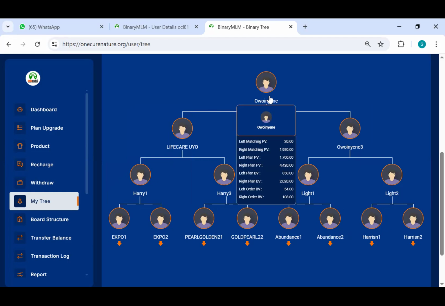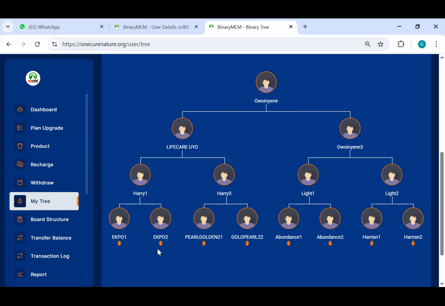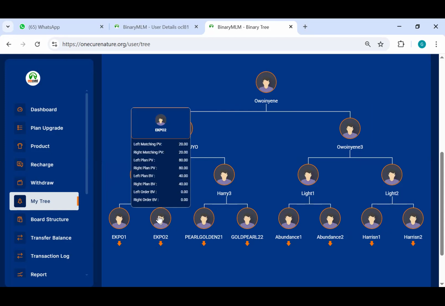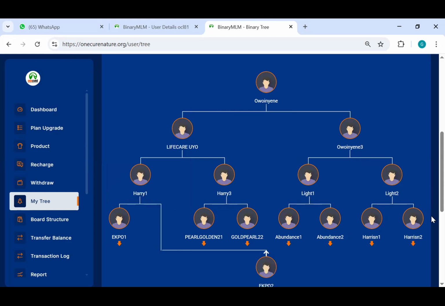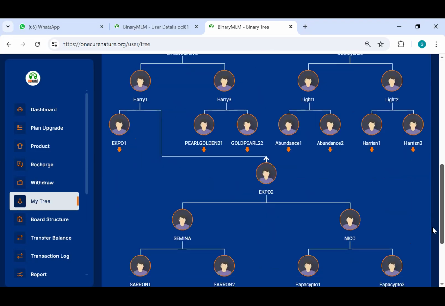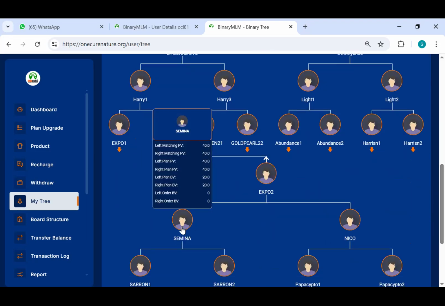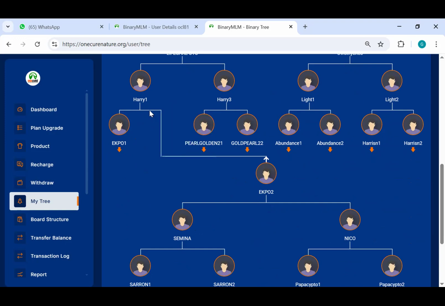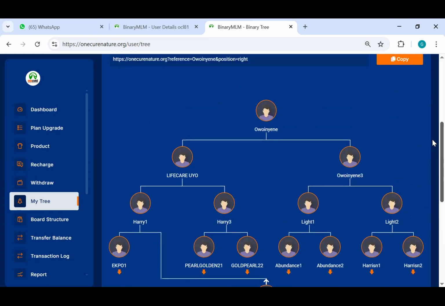Now the system applies dynamic compression. Say, if this person has not come, but the person under him has come, it will count and give Oweyene special royalty.